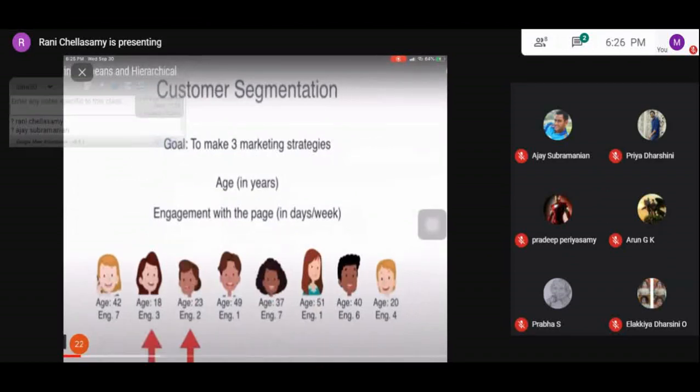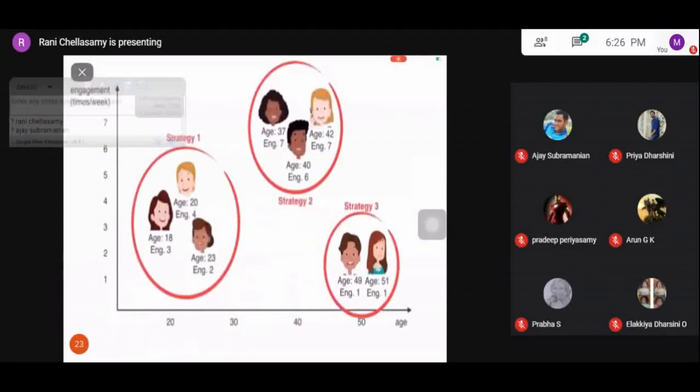Next you can make another group which belongs to the age group of around 20, having engagements 2 and 3. Here you can also combine age 20 with engagement 4 along with ages 18 and 23. So these 3 will form another group. Likewise you need to form 3 marketing strategies.